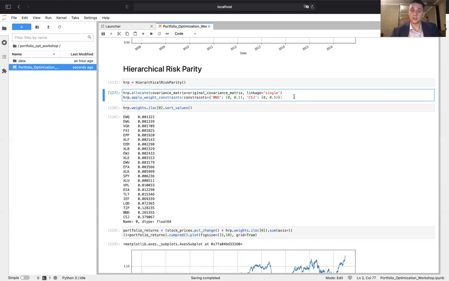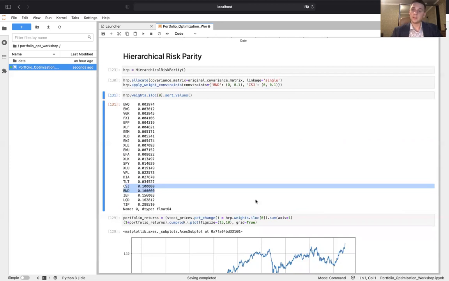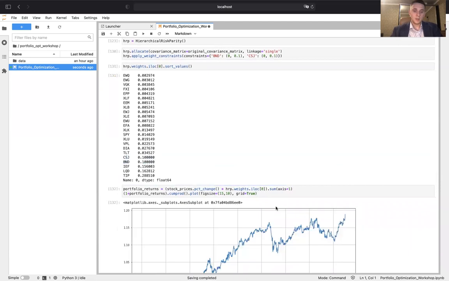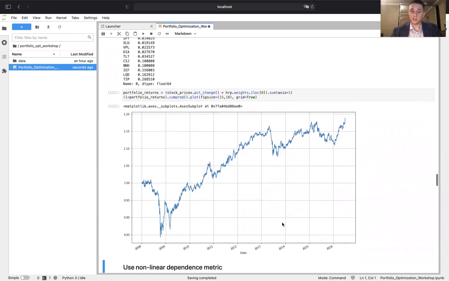So other assets are not constrained. And now we can see that our algorithm did as we expected, that the weight for these two ETFs does not exceed 10%. So let's generate the backtest for this portfolio. We can see that the equity curve has changed a bit.